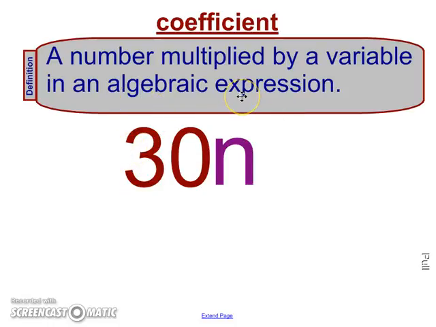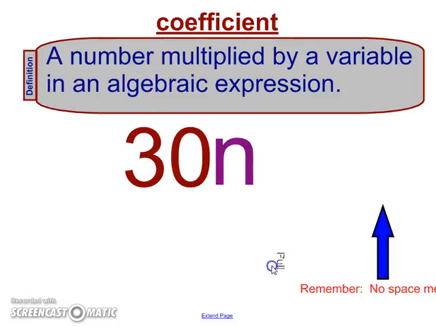Algebraic expression: an expression that contains at least one variable. 30n is an algebraic expression. Why? Because it contains a variable. In this case, the variable is n. In this case, 30 is the coefficient of n. Why? Because it's the number that's being multiplied by the variable.